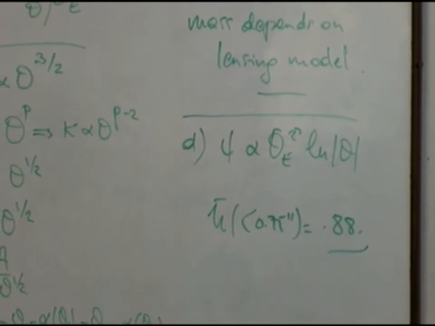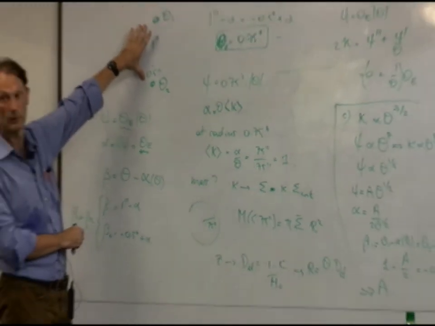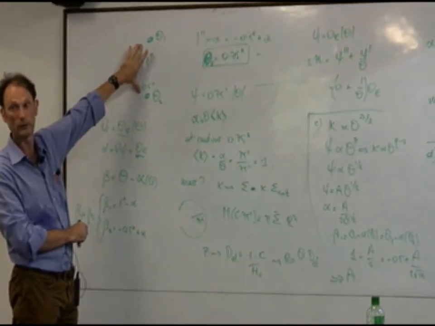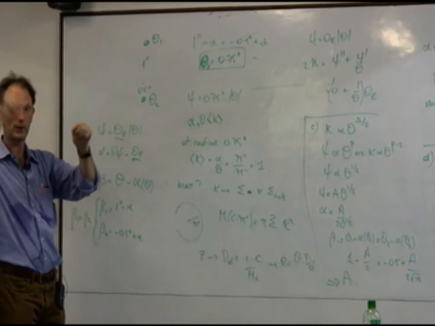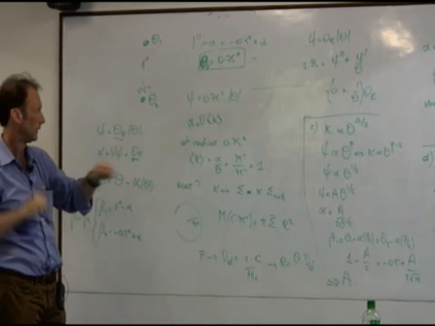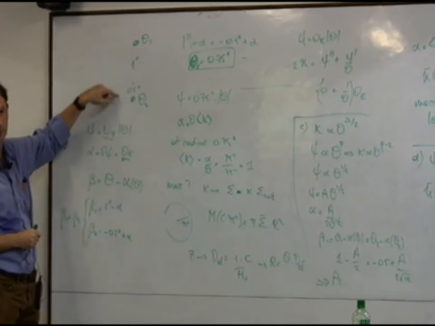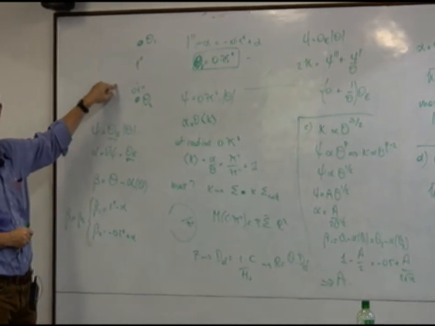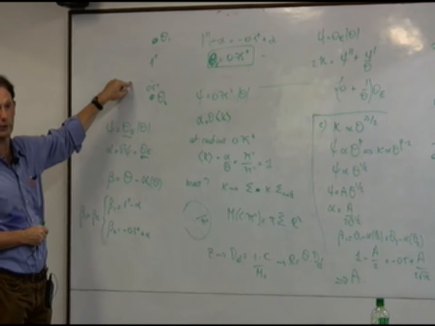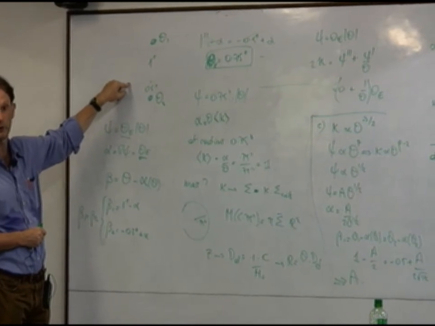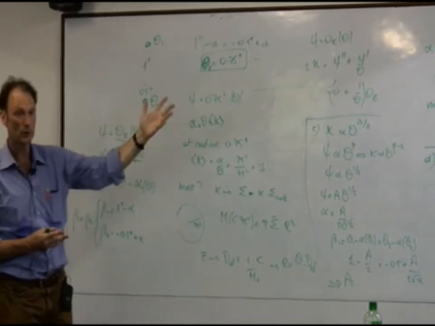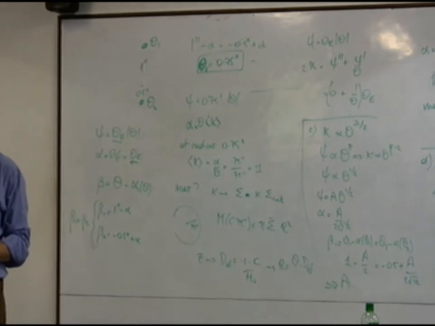Because all of these different cases are situations where we have exactly the same image positions for a quasar. We see a quasar, it's split by 1 arcsecond one way, half an arcsecond the other way, and I've given you 3 different lenses that give you exactly the same on the sky, as far as image positions go. So what extra information could you try to use to figure out which of these lens models is the correct one?